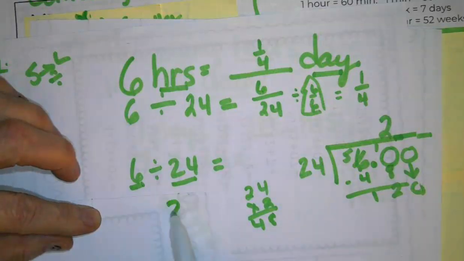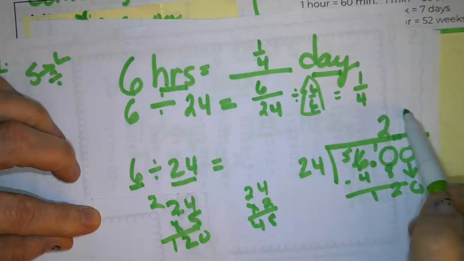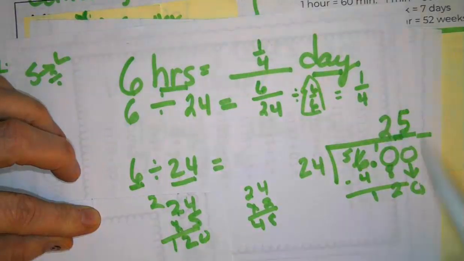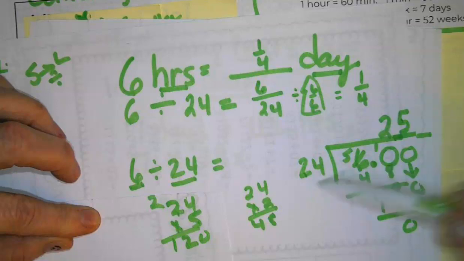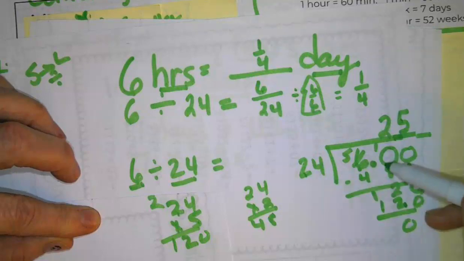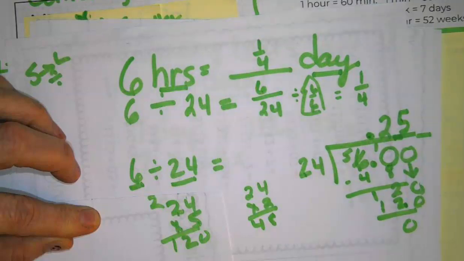So I need to do 24 times 5. 5 times 4 is 20. 5 times 2 is 10, plus 2 more is 120. And so that works perfectly. I put a 5 in my quotient. 5 times 24 is 120, with 0 left over. All right, now I don't have a decimal point in my divisor, so I don't need to do any shifting here. I just go straight up into my quotient. So I can see that 6 hours is 25/100ths of a day.